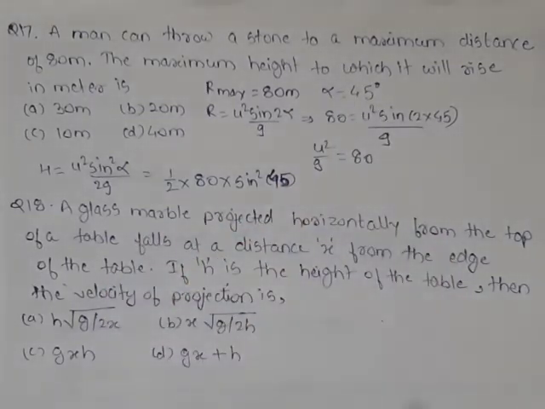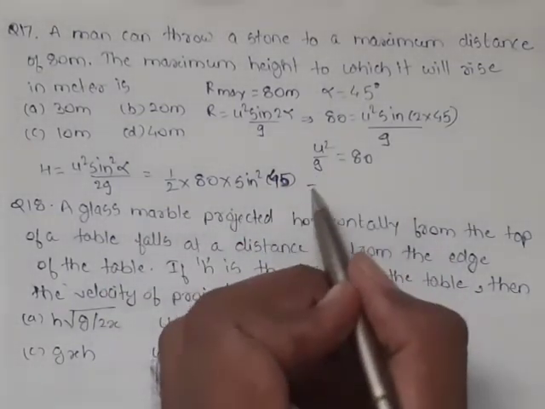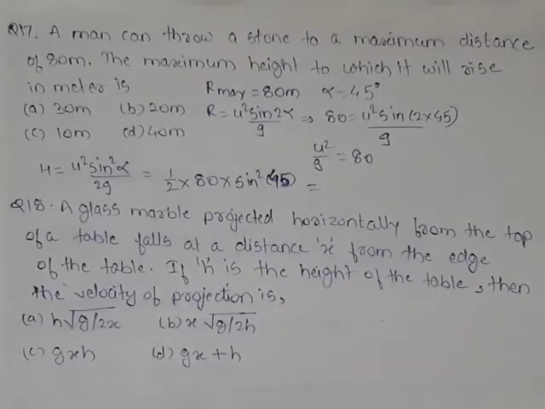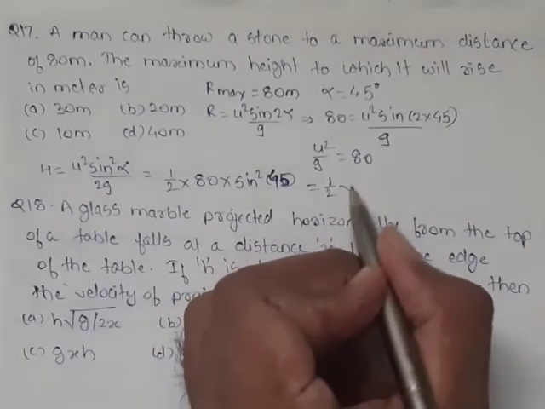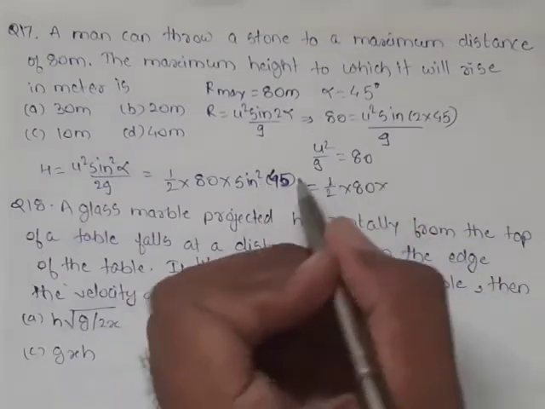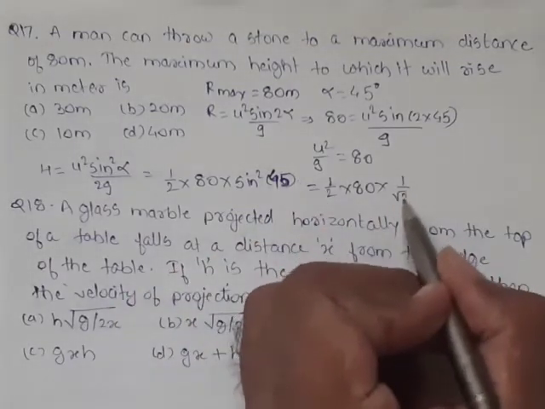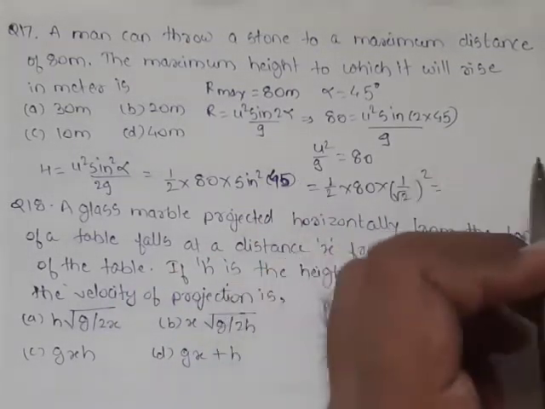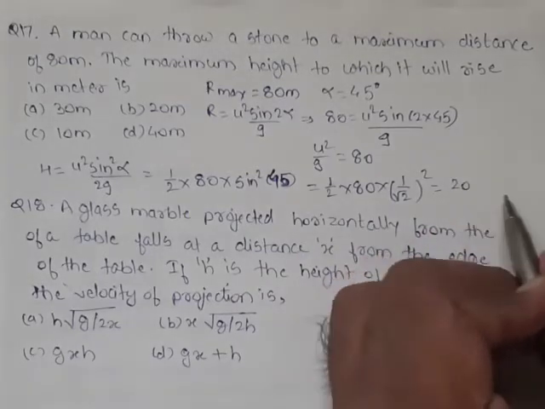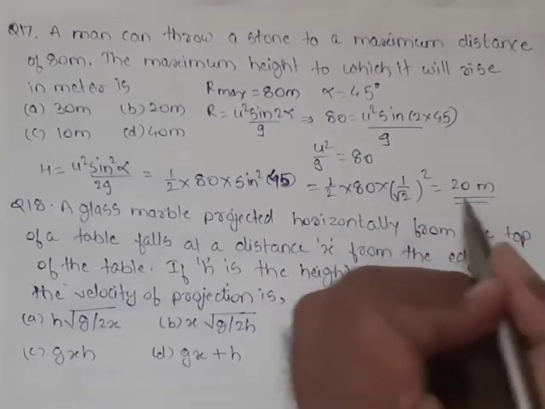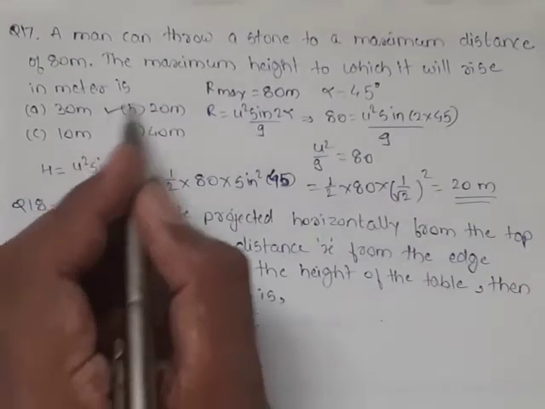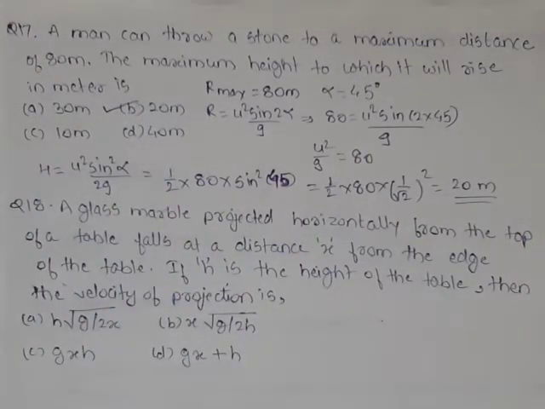So simplifying this, the value of sine square 45 is nothing but 1 by 2. So it is 1/2 into 80 into sine square 45, which means 1 by root 2 square. Finally on solving this we get the value of H equals to 20 meter. So maximum height reached will be 20 meters. Option B is correct for question 17.